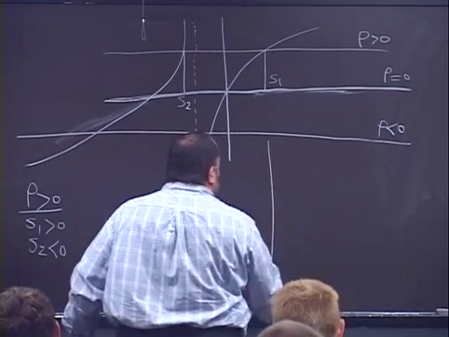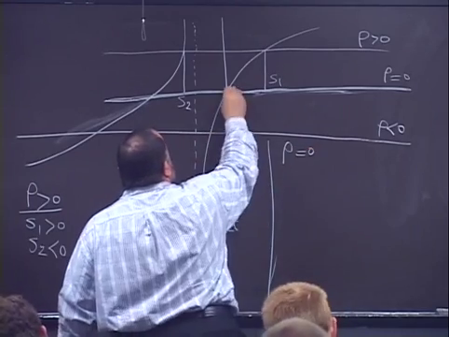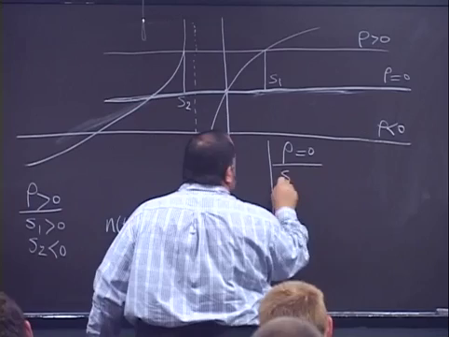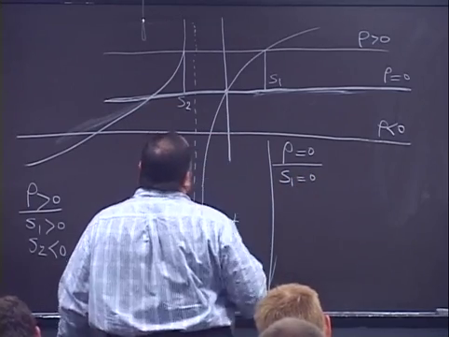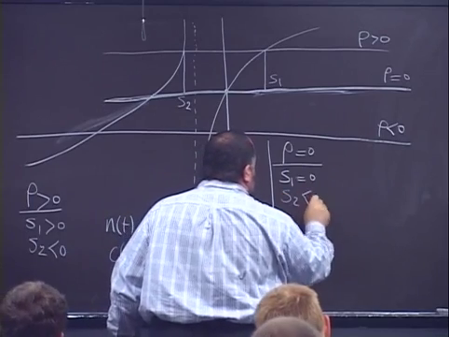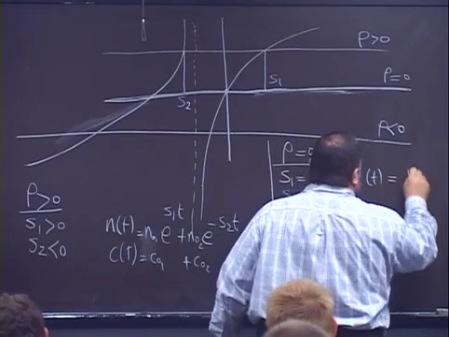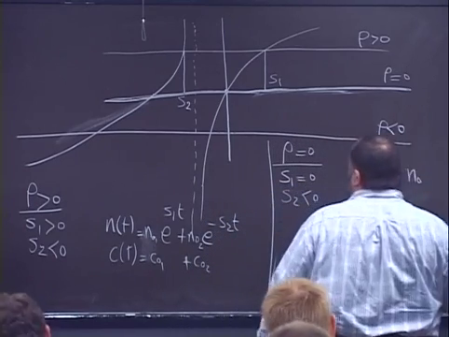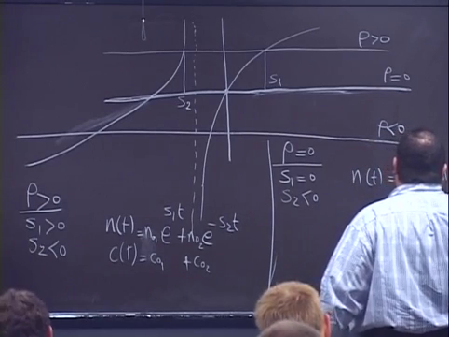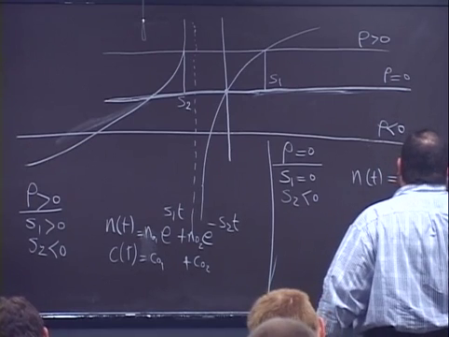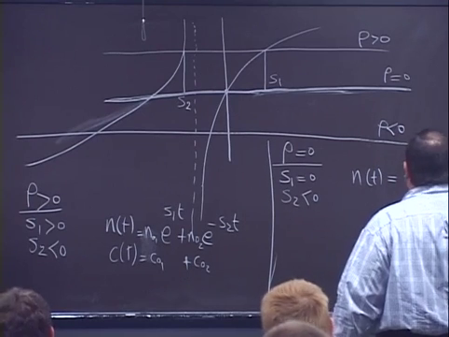So what about the situation when you will have rho equal to 0? I will have what? S1 equal to what? 0, and S2 is also negative, and then you will have N of t just equal to the initial number multiplied by e to the power of 0, which is 1, plus N naught e to the power of S2 multiplied by t.